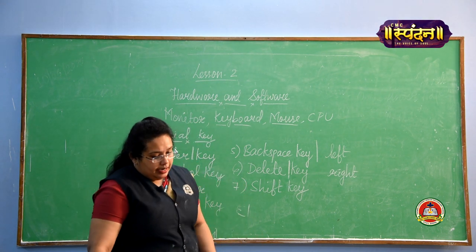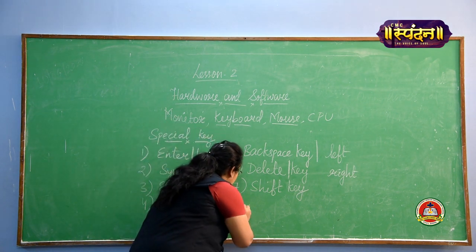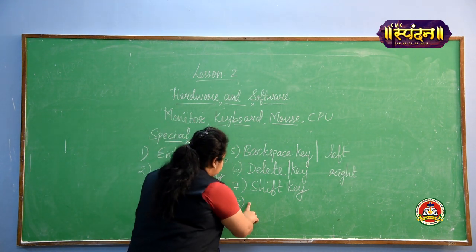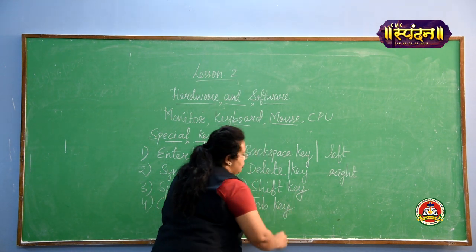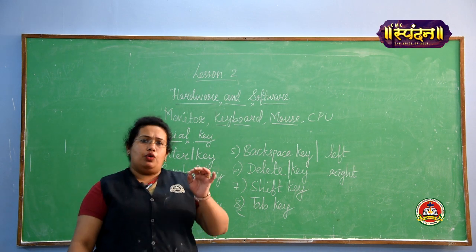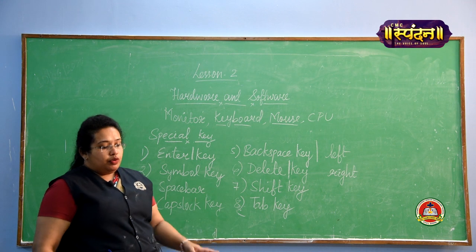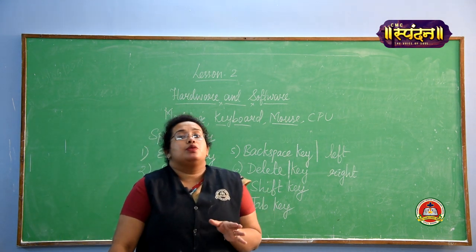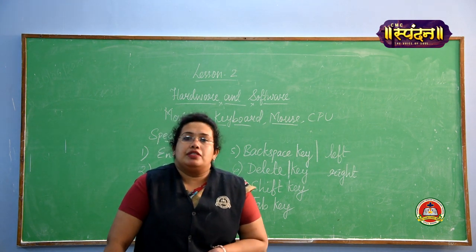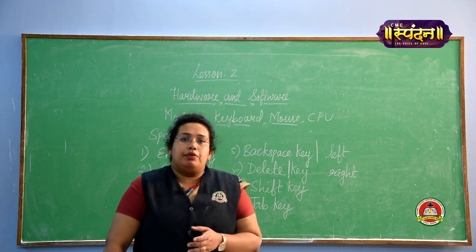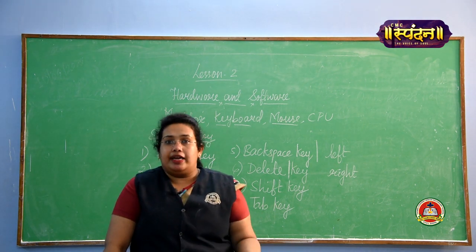Now the next key is the tab key. Tab key will help you to move the cursor. See, I told you when we press the spacebar key, only one space is left. But if you want to leave 5 spaces, instead of pressing the spacebar key, you press the tab key. Tab key will move the cursor 5 spaces to the right side.